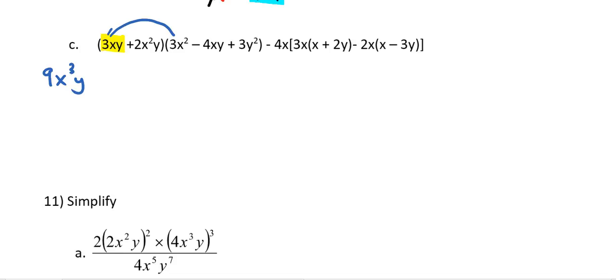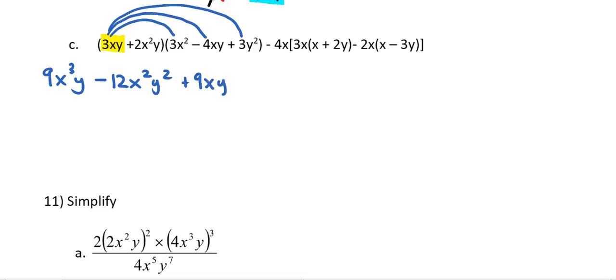And then if I multiply this 3xy with the next term, that's going to be minus 12x squared y squared. And finally, that 3xy with that positive 3y squared will be positive 9xy cubed. So that's the FOIL steps for that 3xy.